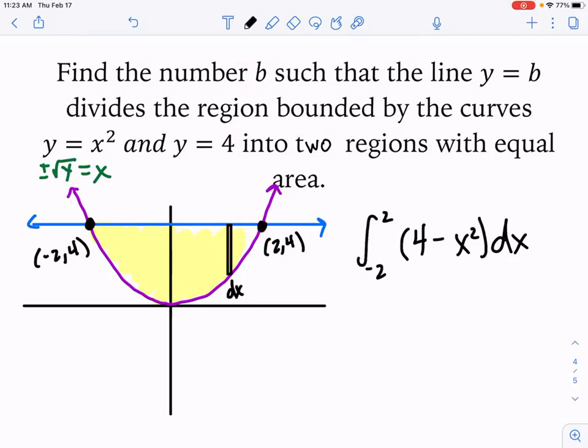By hand, by Math 9, I don't really care. 32 thirds. What's half of 32 thirds?